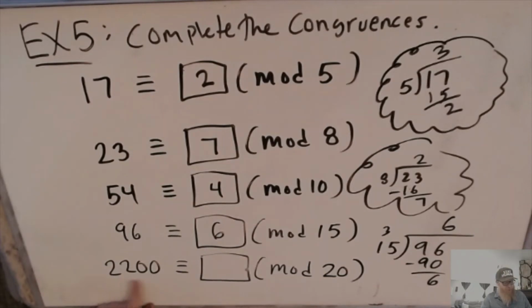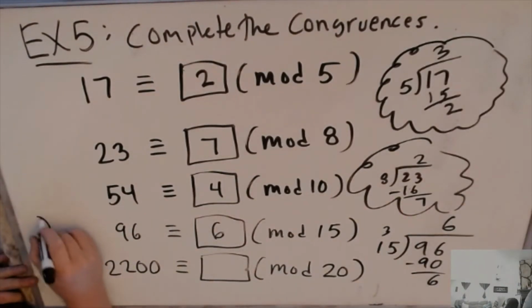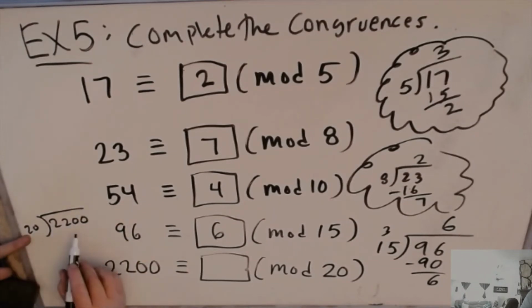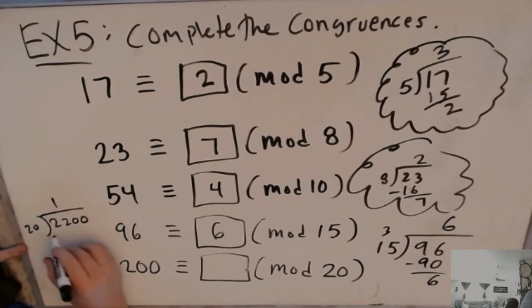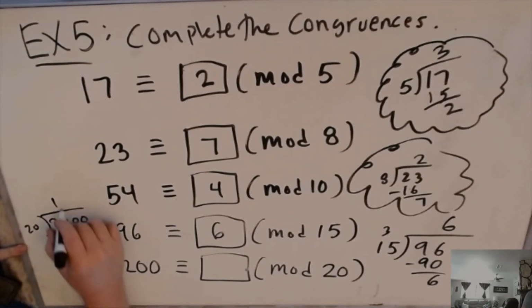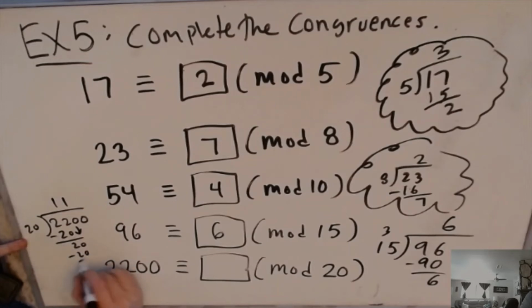Okay, 2,200 mod 20. All right, so you got 2,200 mod 20. You're going to divide by the modulus. One times 20 is 20, and then bring down the 0. 20 goes into 20 one time.